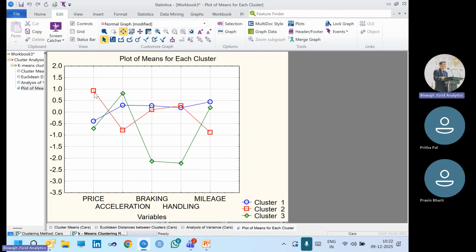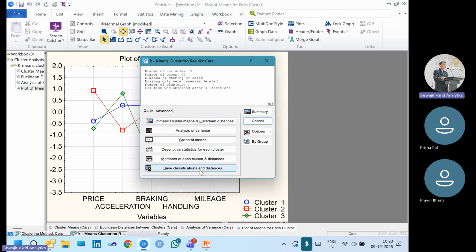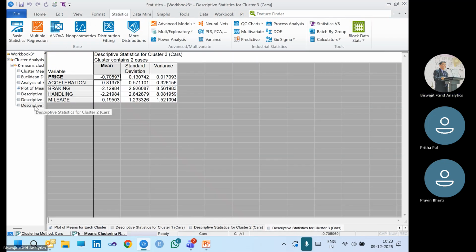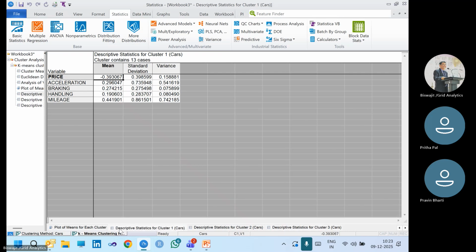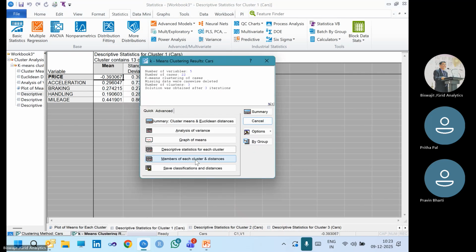What I can see is cluster 2 has the maximum price, and cluster 3 has the minimum pricing, right? So let's figure out how it forms the clusters. We can keep in mind descriptive statistics for each cluster, and members of each cluster and distances.